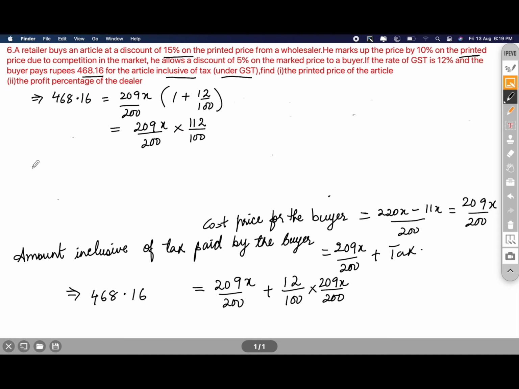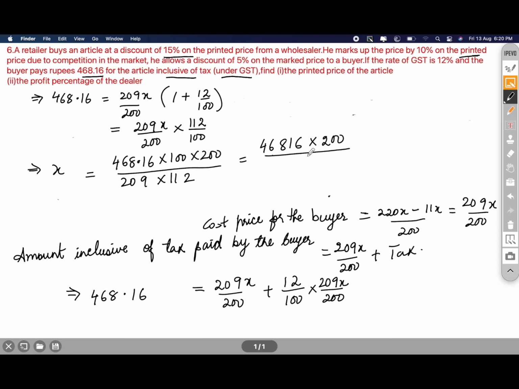Now let us make x the subject. Let us cross multiply. So we get 468.16 into 100 into 200 divided by 209 into 112. So this is 46816 when multiplied by 100, 200 is left, and then 209 into 112. Now 209 cancels with 46,816 to give you 224.